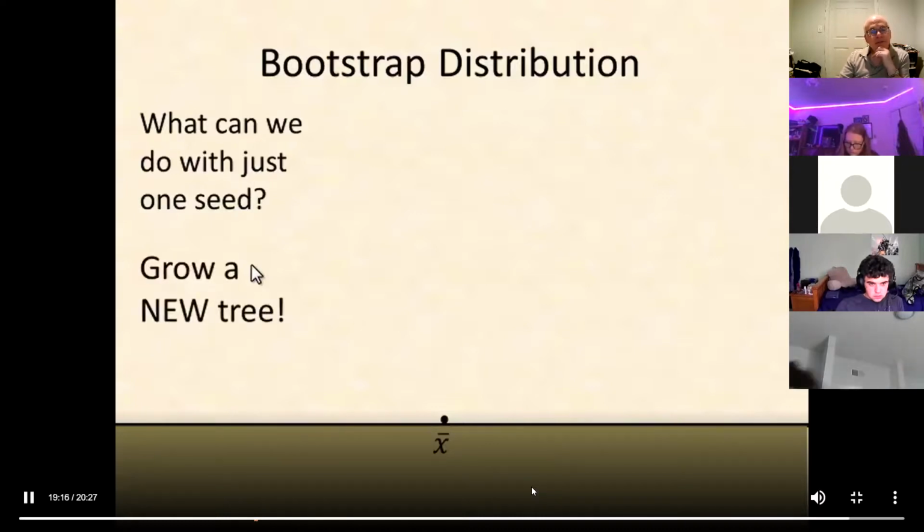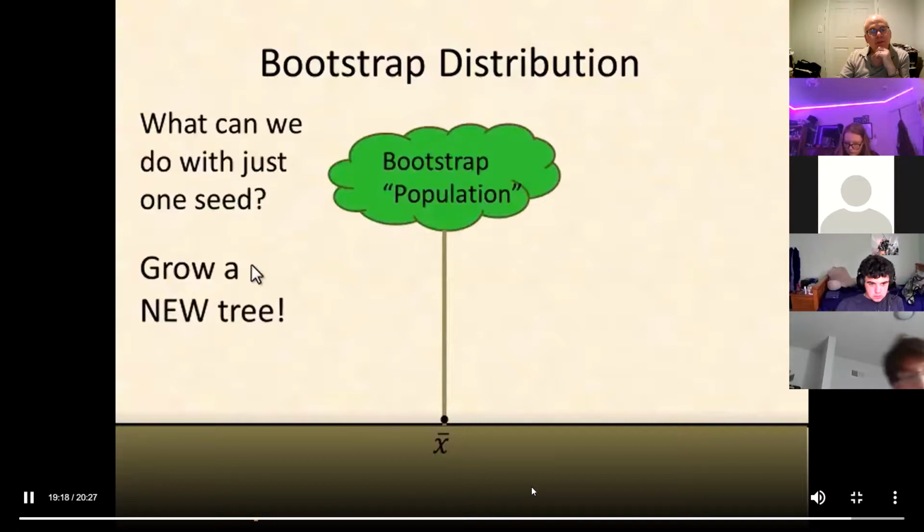We grow a new tree. And that's what bootstrapping is all about. We create the simulated bootstrap population from the sample that we have, and we sample from that simulated bootstrap population. And the amazing thing is we get a sampling distribution that's very similar to the sampling distribution from the entire population.